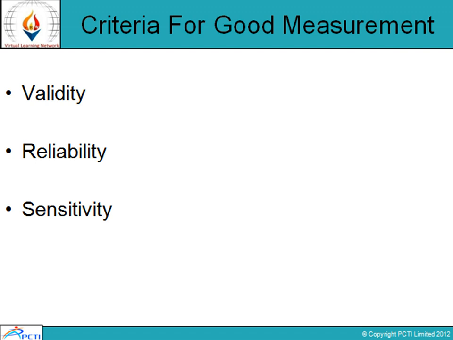Second is reliability. It is said to be reliable when it gives the same measurement under similar conditions. And lastly, sensitivity. It is closely related to reliability. So it is the ability of a scale to discriminate between the respondents who differ even slightly in terms of their attitudes towards something.